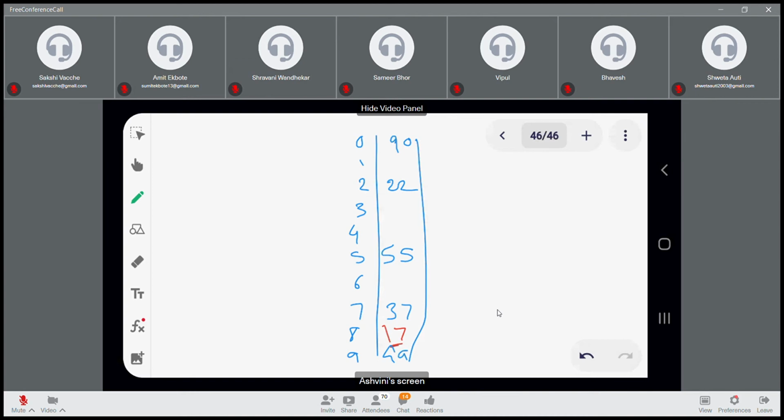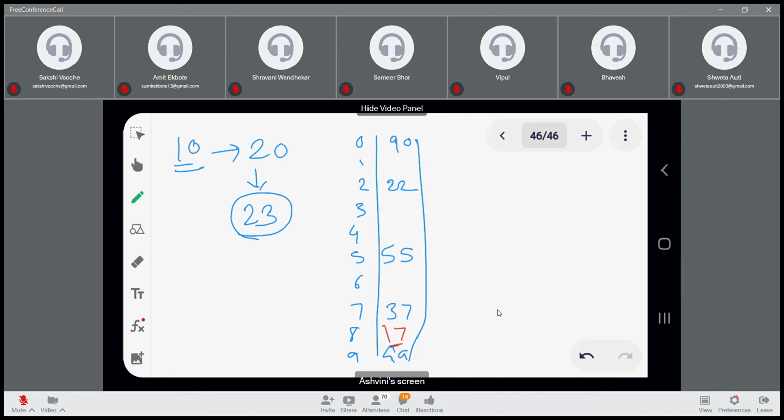So the next prime number after 20 is 23, and you can consider the new table size as 23.